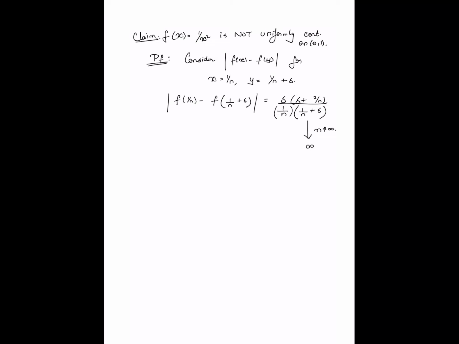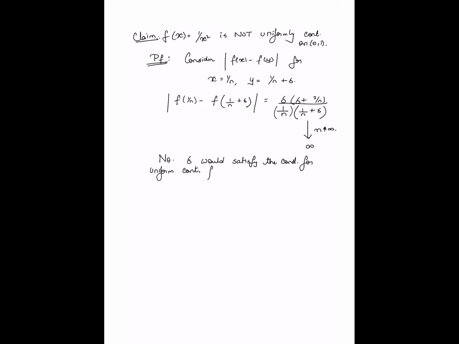Which implies that it's impossible to find a delta that would work for whatever epsilon you pick. So no delta would satisfy the condition for uniform continuity, no matter what epsilon you pick.